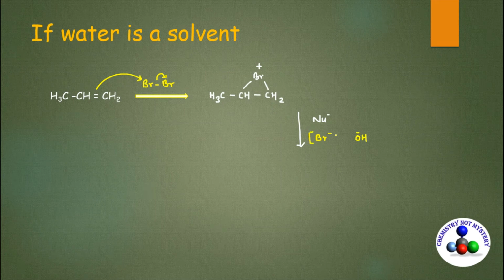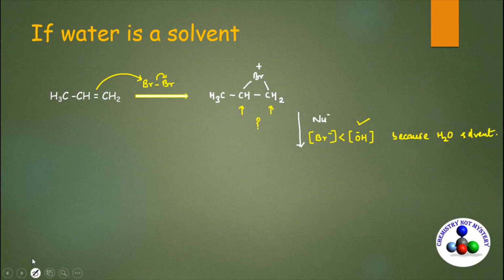Here we are using water as a solvent. So obviously OH minus will be in the higher concentration. That's why OH minus will attack the bromonium ion. But to which carbon would it go? You have to decide it by Markovnikov rule.